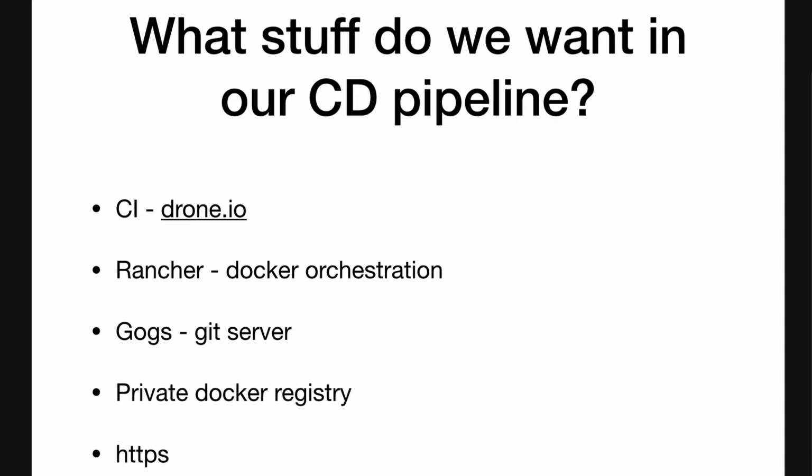We're using Rancher for Docker orchestration, and what Rancher basically does is it says, I know about the servers that you have, I know about the services that you want to run, and I'm going to reconcile those and schedule those services to run on those servers. What that means is when a new server comes online, it automatically gets software deployed to it. When you add a new service, it automatically figures out how to deploy it to all the servers in your cluster.